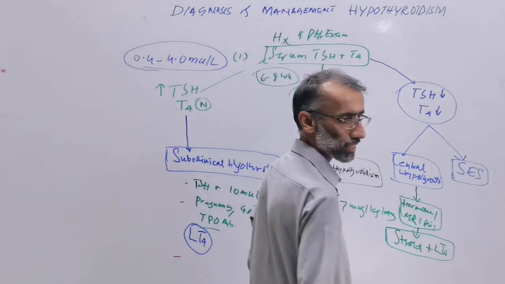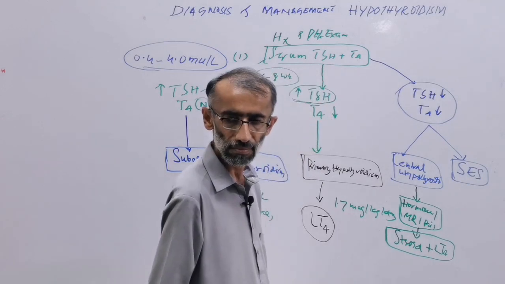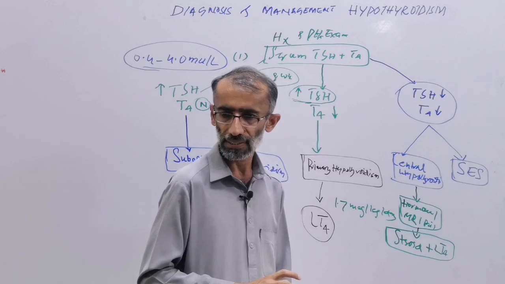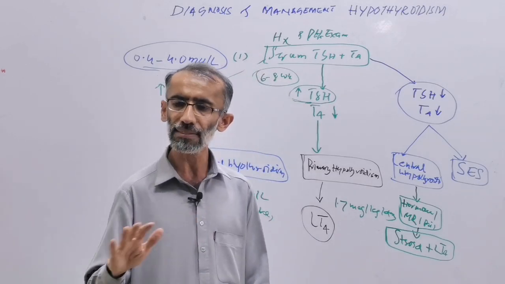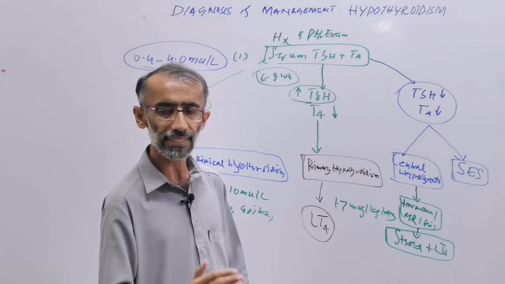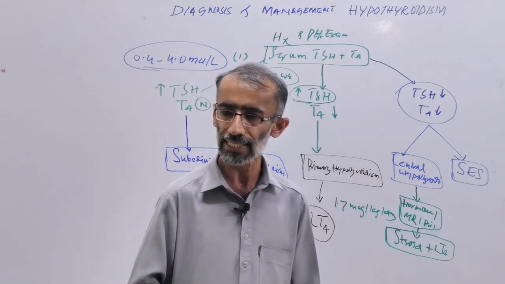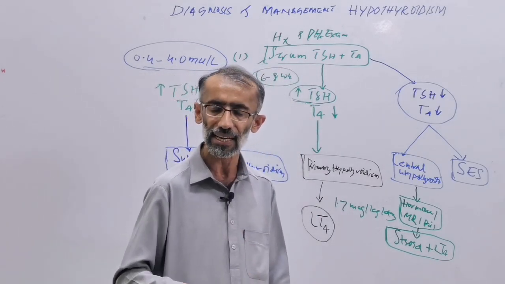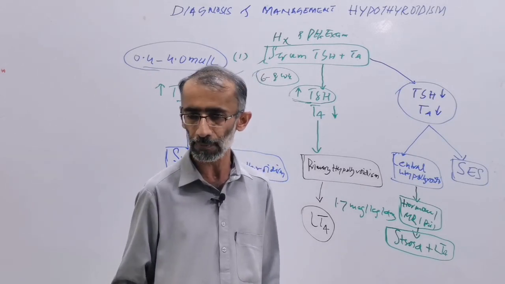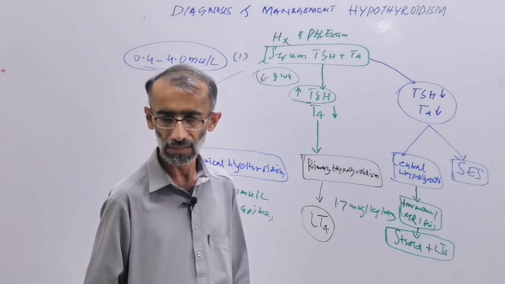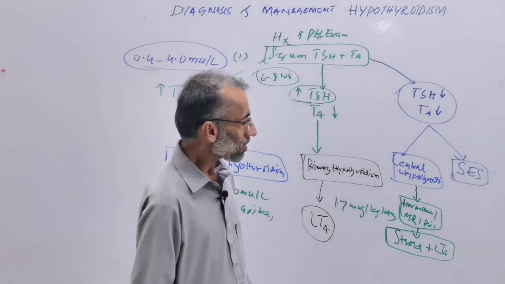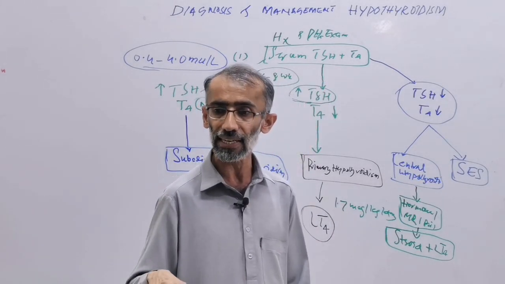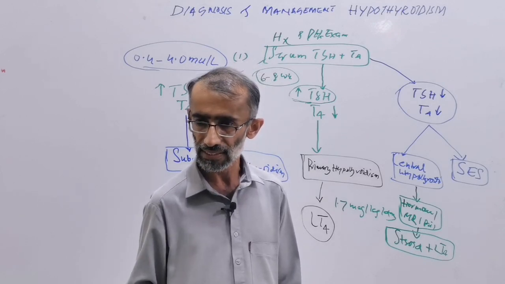Sick euthyroid syndrome is a protective autoregulatory mechanism of the body that slows down catabolism by reducing circulating thyroid hormone in critically ill patients. It occurs in non-thyroidal illness.